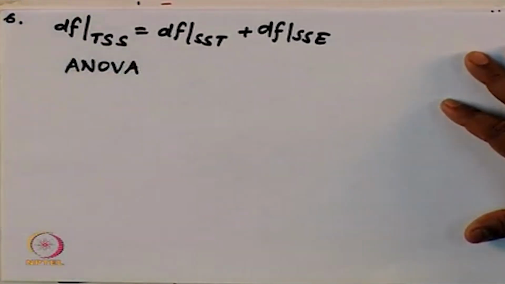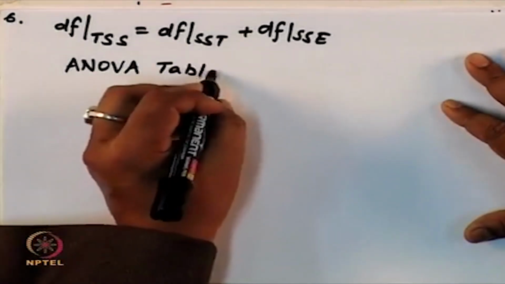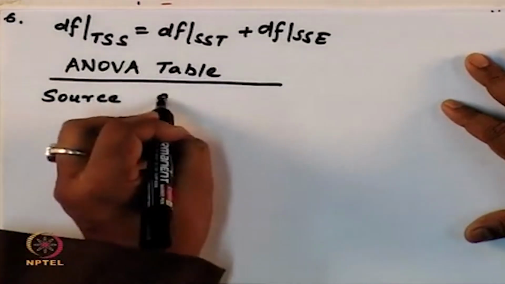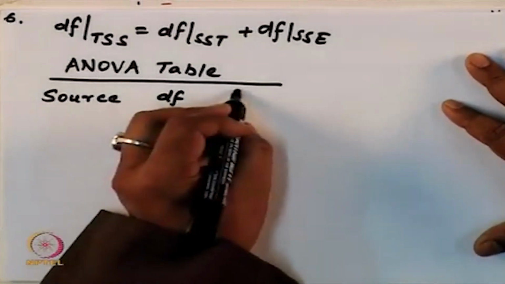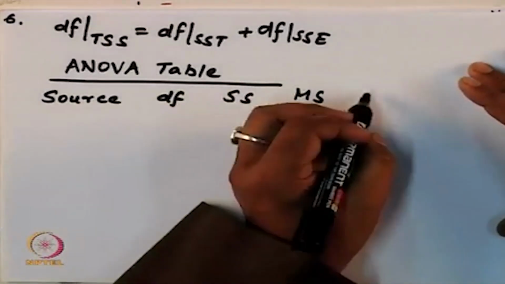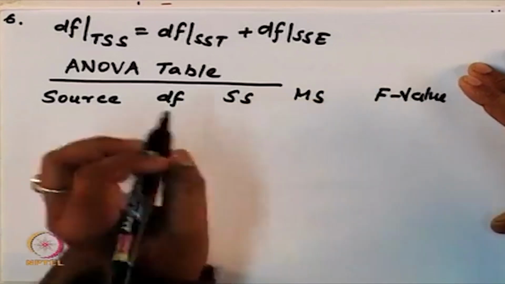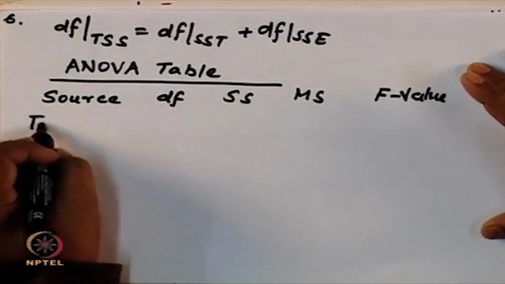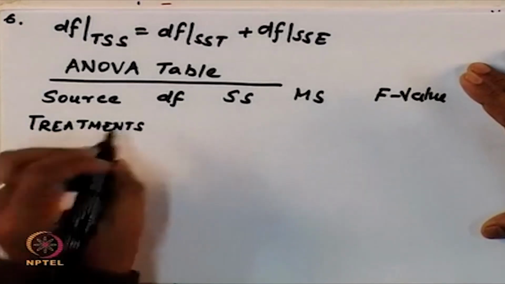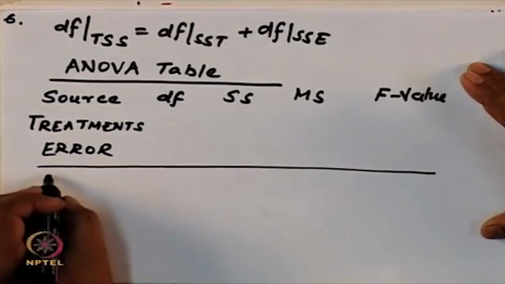Okay, you can formulate the ANOVA table, and this is given by, so you have source, you have the degrees of freedom, the total sum of squares, the mean square, okay, and based on this you can compute the F value. Okay. So, what are your sources? Your sources include treatments, error, and in sum this is total.